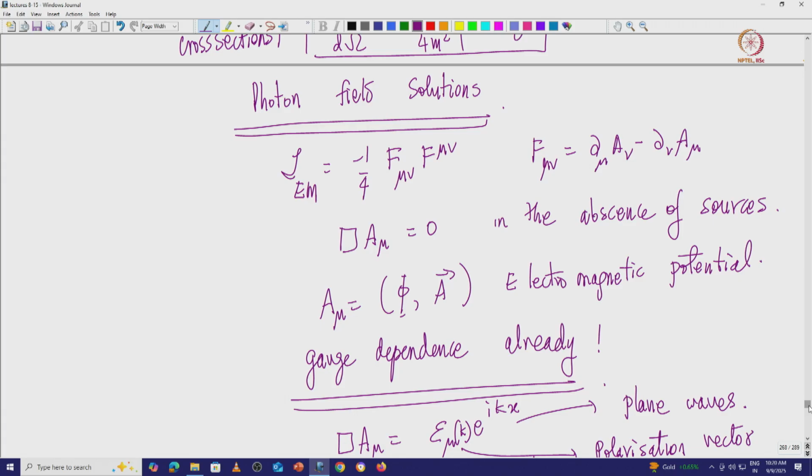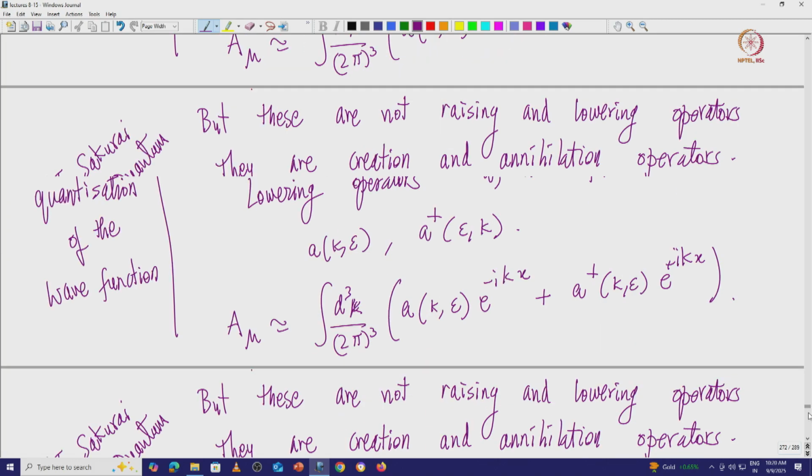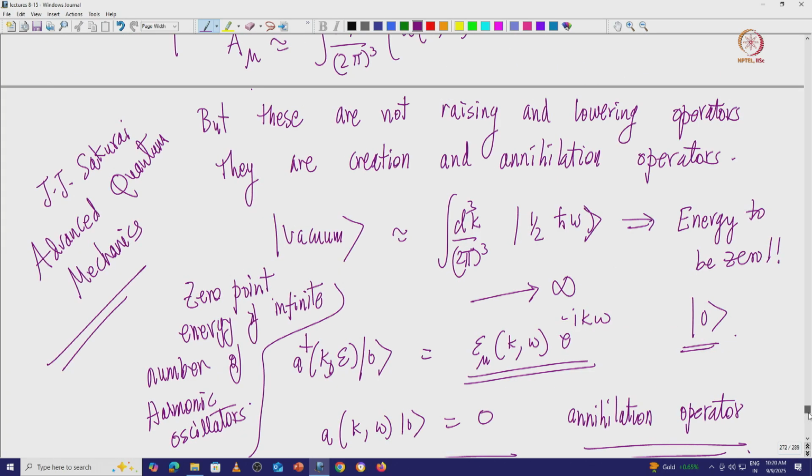This Green's functions method has some disadvantages in the sense that it does not automatically give you the particle interpretation very well. You have to take this wave function and second quantize it, and only then can the wave function be interpreted in terms of particles.